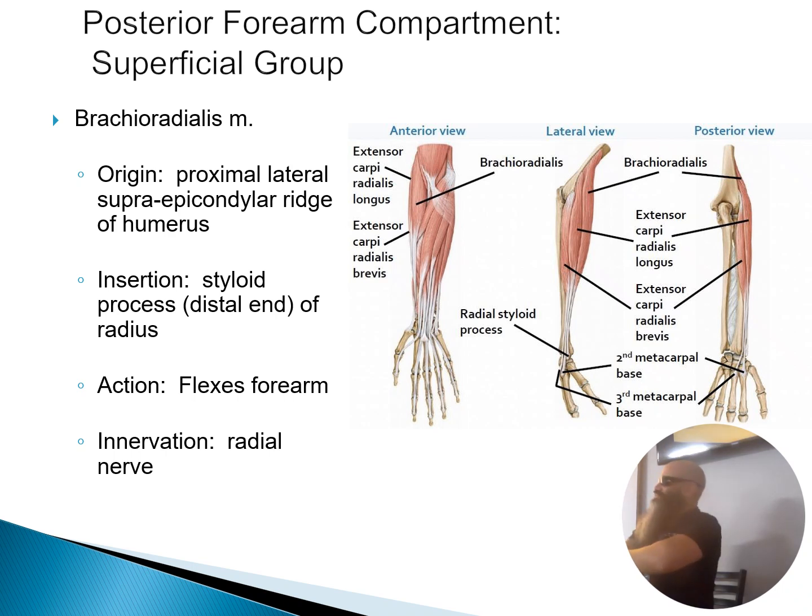Elbow flexion, okay? He's contracting and pulling on that radial styloid. Think of yourself drinking water like this, or jugs of milk, whatever. Basically it's doing flexion of the elbow.